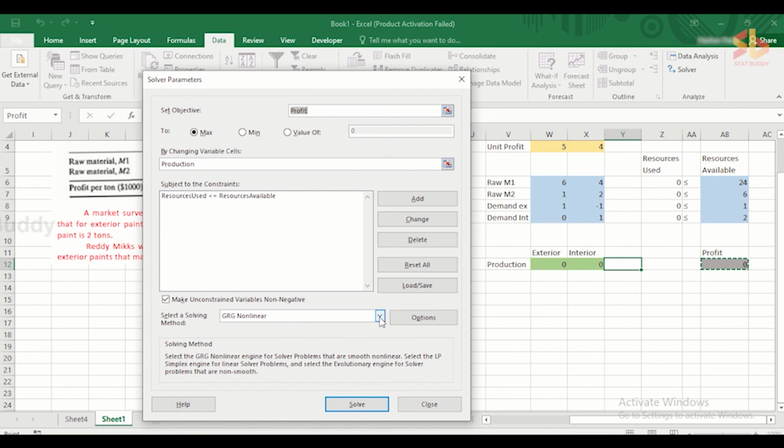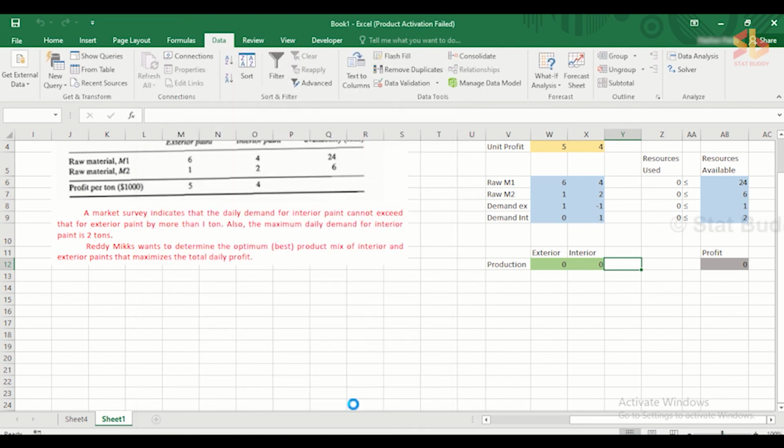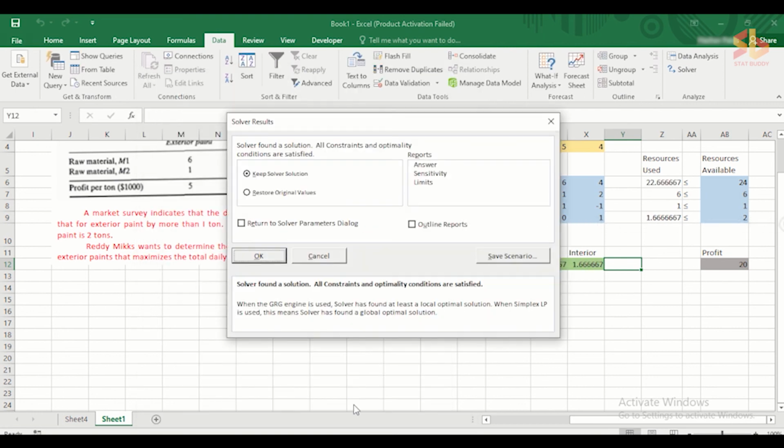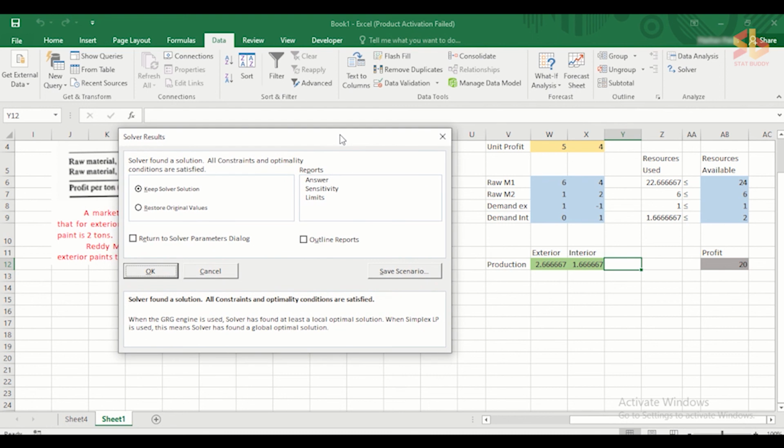GRG is for nonlinearity. If you use this, you will get a local optimal number, but we need to get a global optimal number. So we are going to use this Simplex LP and hit solve. Now you will see if the solution is feasible and optimal.